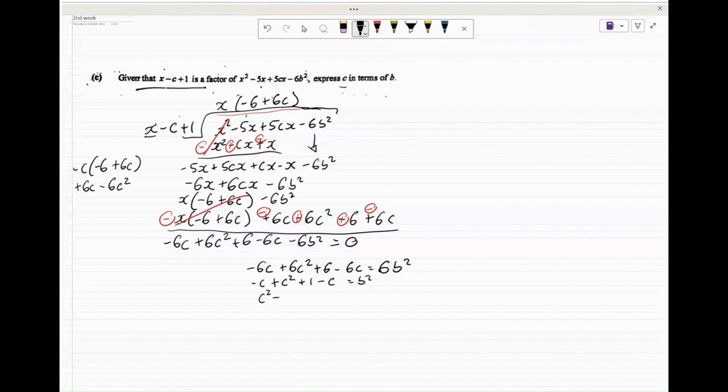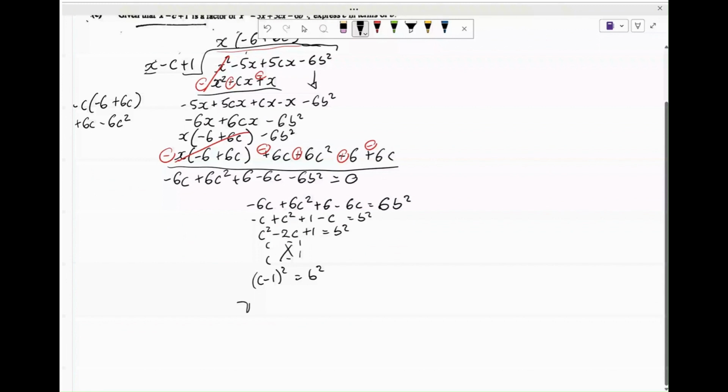We can add together our c's, so c squared minus 2c plus 1 equals b squared. Factorize this, so that's c minus 1 squared equals b squared. So that's the square root of c minus 1 squared equals b.